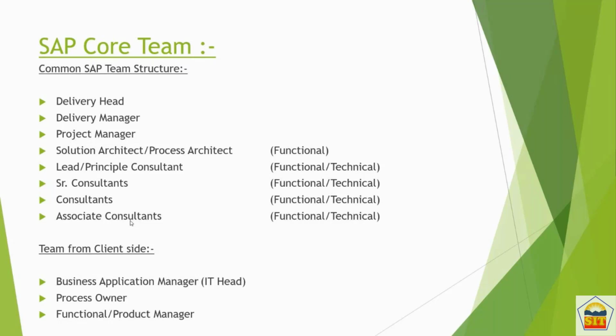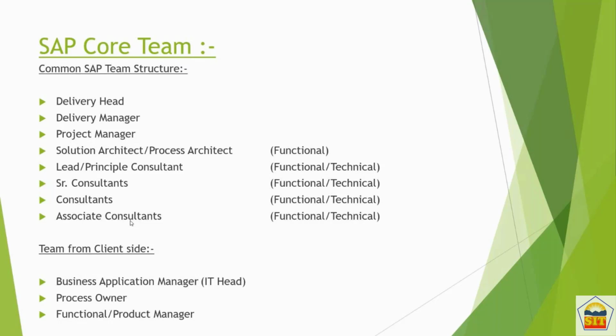All these consultants could be from both the functional area as well as the technical area. So you can have your ABAPer as your lead consultant. Your FI person could be your lead consultant. So these are the lead, junior or senior consultants. This is what we have from the IT side.